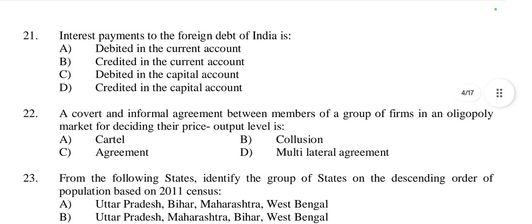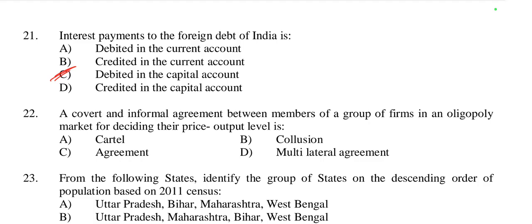Then question number 21, interest payments on the foreign debt of India. It is debited in the current or capital account. It is debited in the current account, because interest payments on foreign debt are considered an outflow and are therefore debited in the current account of India's balance of payments.